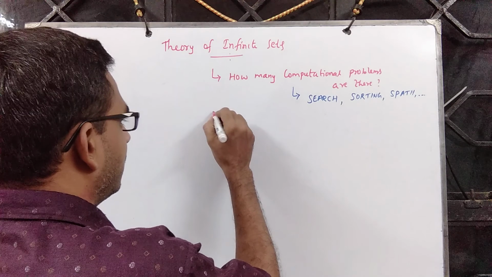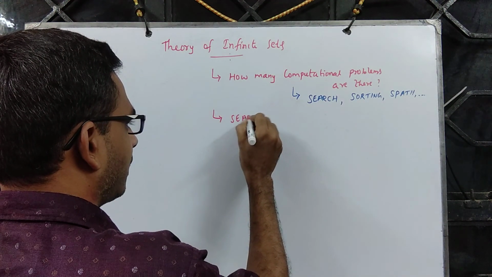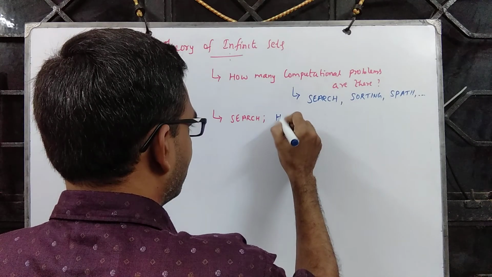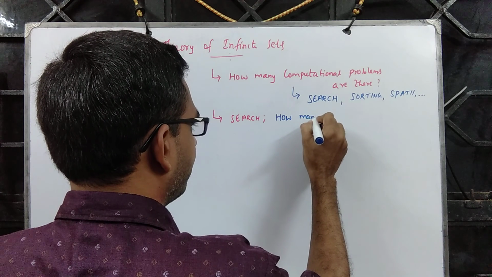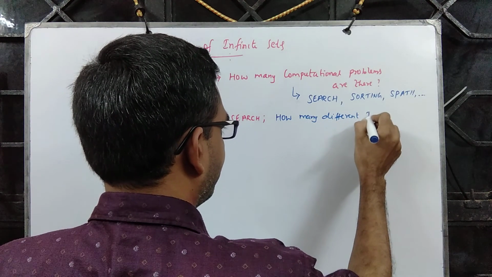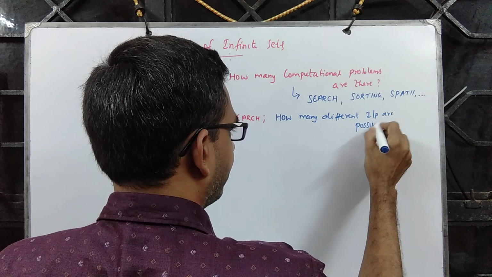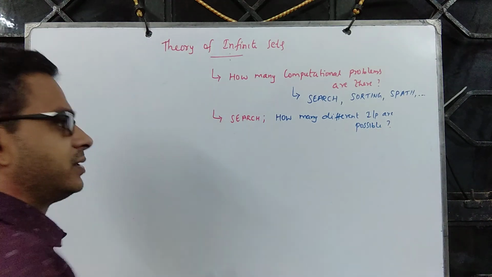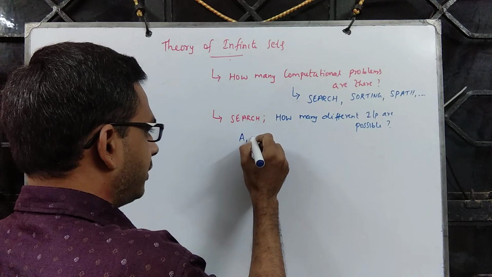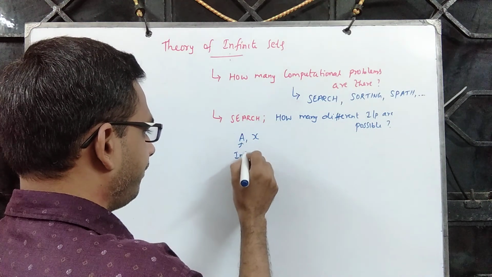That's one. Say you fix a problem, say search. Then you ask how many different inputs are possible. So to this search problem, what does it take as an input? A comma x. So this could be an integer array.